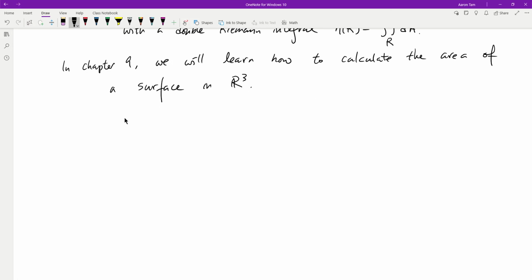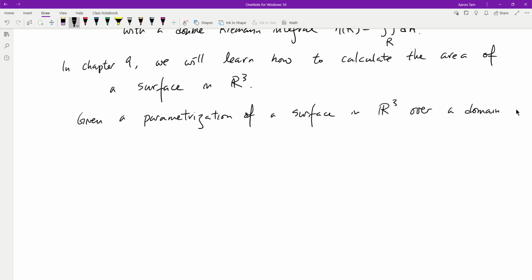So here's the general idea. Let's say we're given a parameterization of a surface in R3 over a domain D in the UV plane.